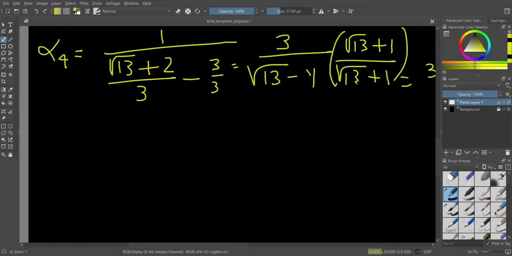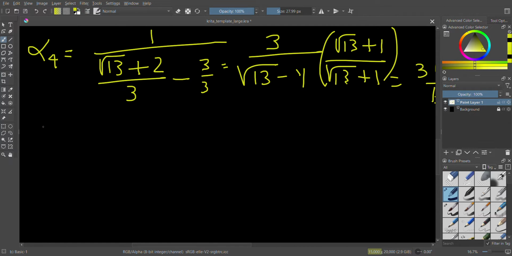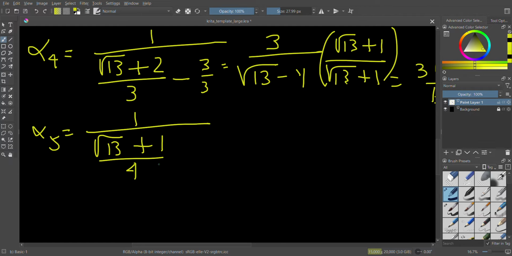Let's do alpha sub 5. Alpha sub 5 is square root of 13 plus 1 over 4, and then our A4 was 1.